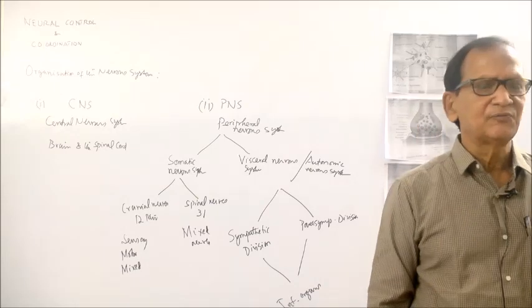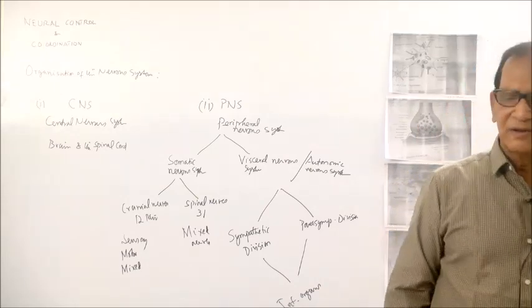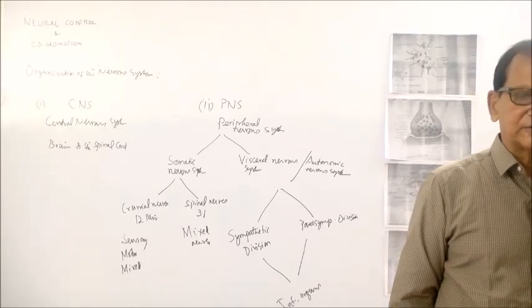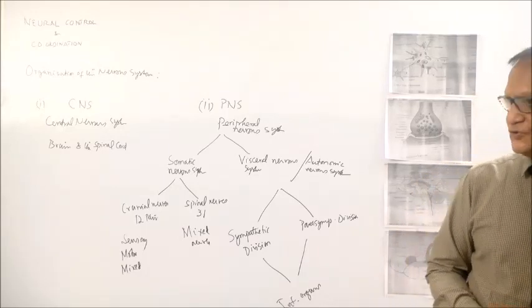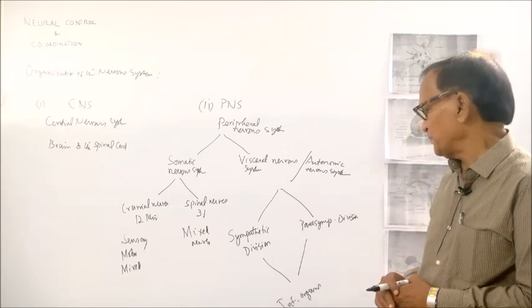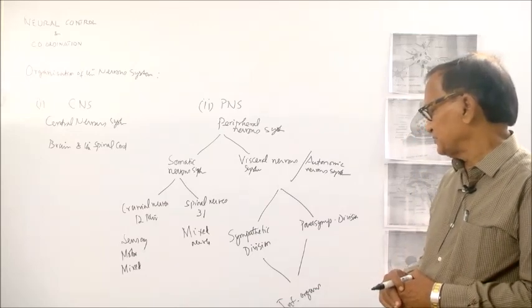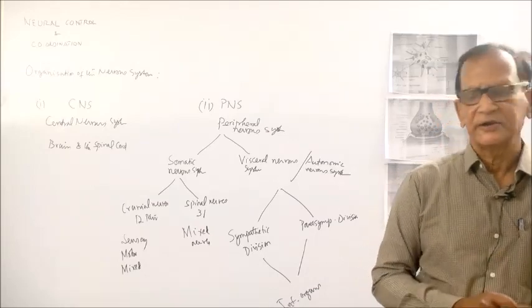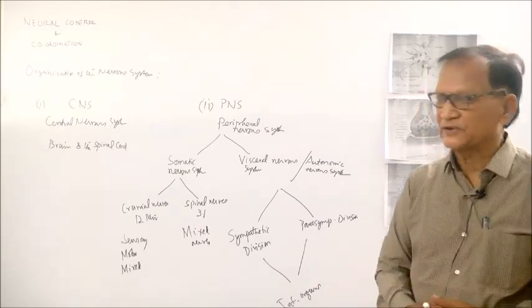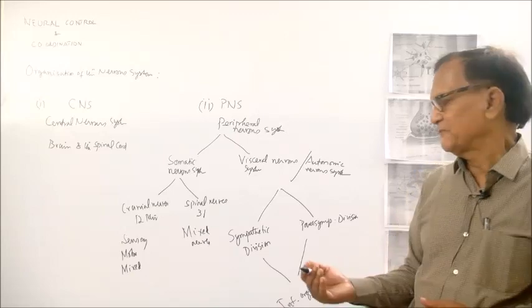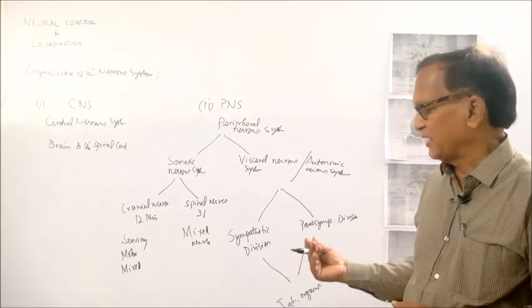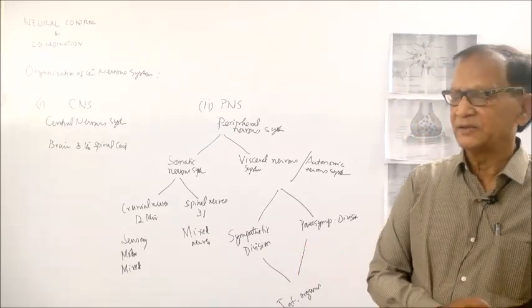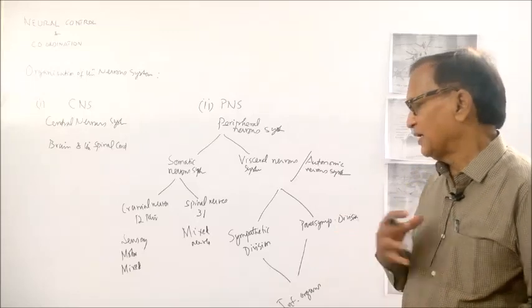For example, the heart receives both these kinds of fibers, whereas sympathetic fibers have a stimulatory action on the heartbeat, parasympathetic fibers have an inhibitory influence on the heart.